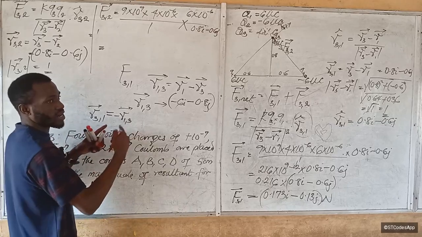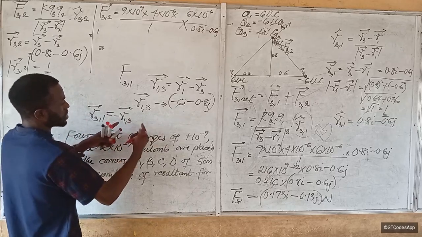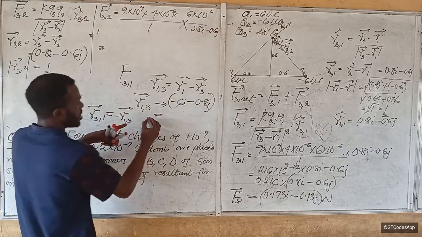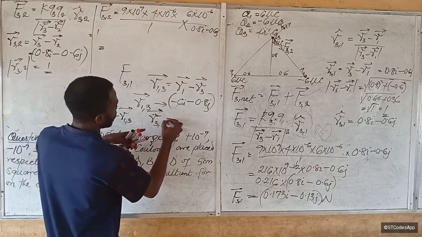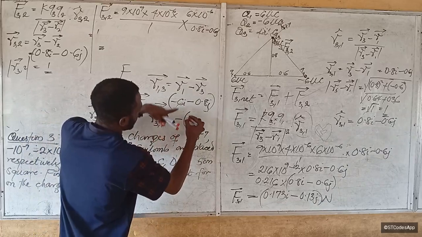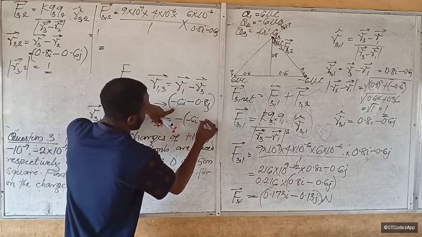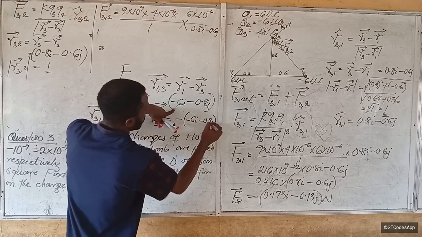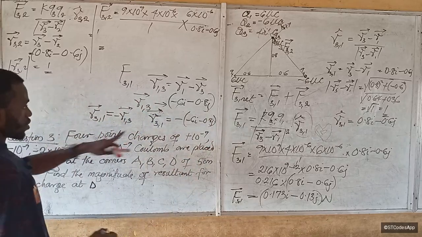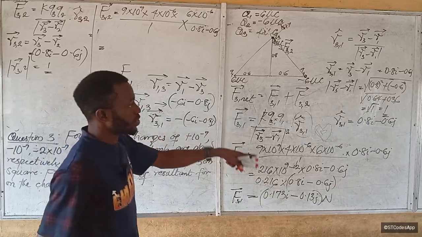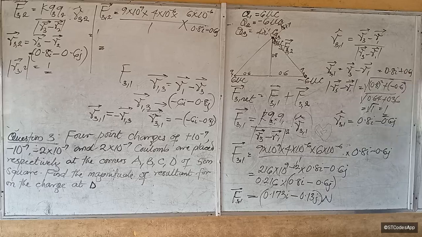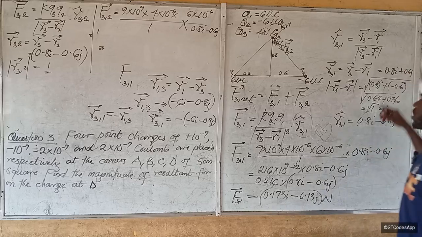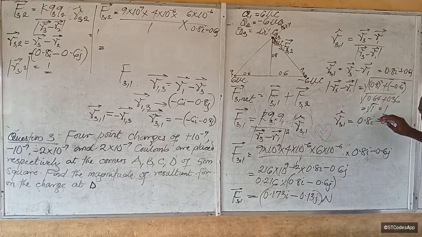So R3, 1 will be equal to negative of this, negative minus 6i minus 0.8j. So if that be the case, everything becomes positive. So here, we are supposed to be using positive. Does that make sense now?